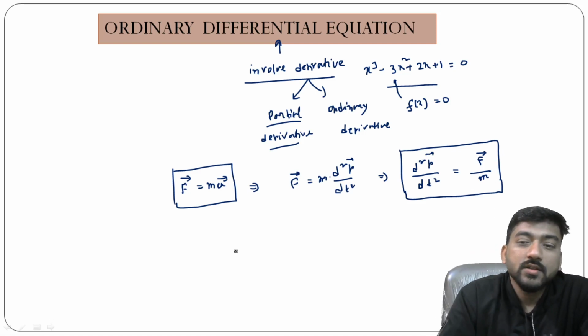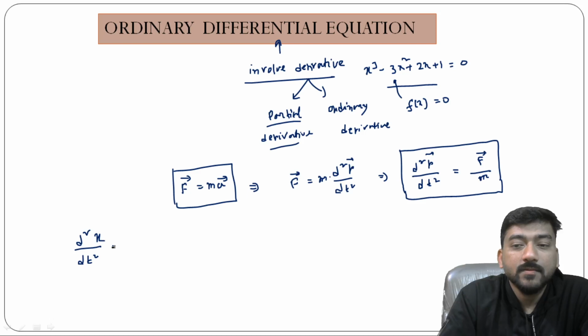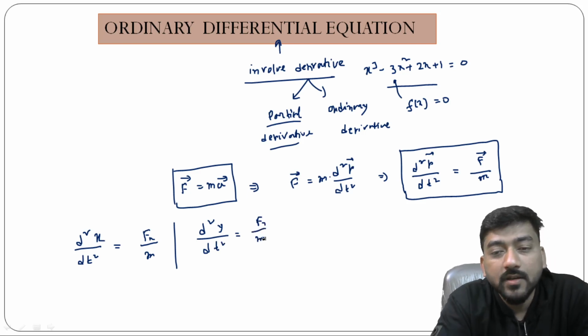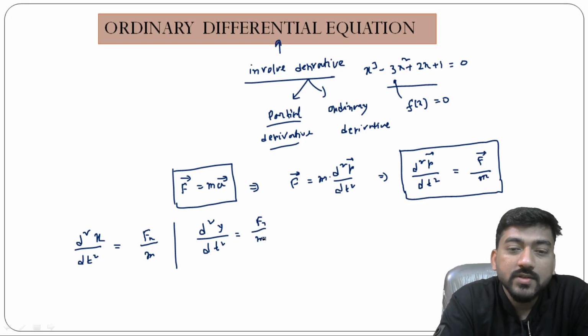The x component gives d2x dt2 is equal to Fx by m. Similarly, the y component gives d2y dt2 is equal to Fy divided by m. So you can see how important ordinary differential equations are.